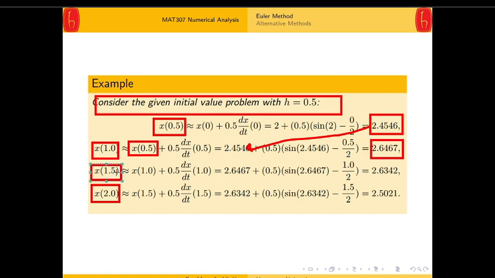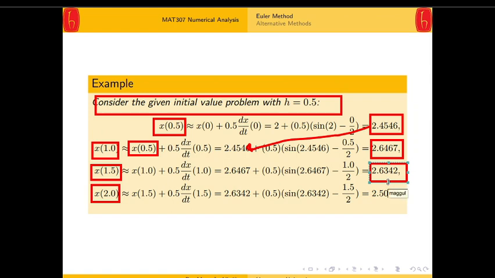Using this approximation we can find an approximation to x of 1.5. This value will be copied there just like here, and then its value will be used to evaluate the right hand side function again, and we also know the t value will be 1, so we put it in the right hand side function, and we can obtain an approximation for this quantity.